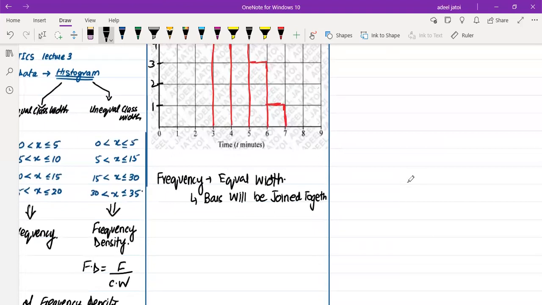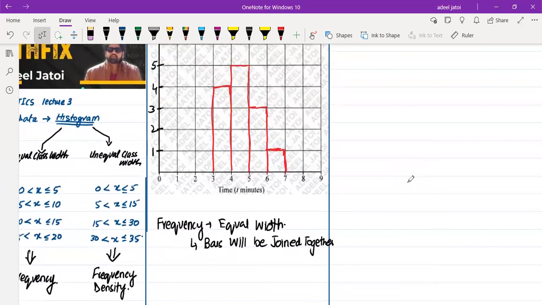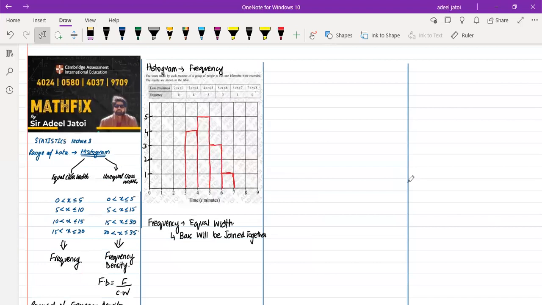If bars are not joined together, that is known as a bar graph. But since you are doing a histogram, your bars will be joined. And remember, with equal class width, you will be looking for frequency. So this is about it for the frequency histogram, because there's not much related to the histogram other than just plotting of frequency.